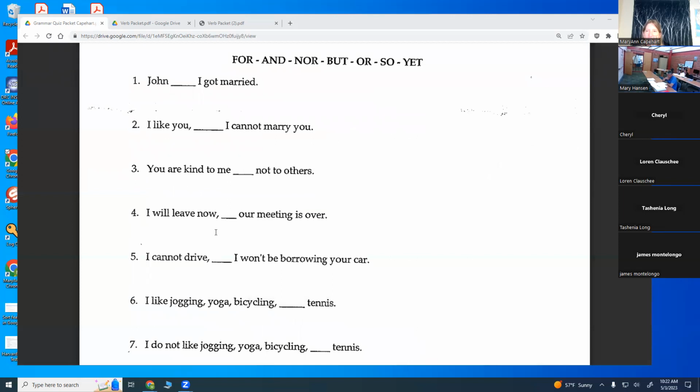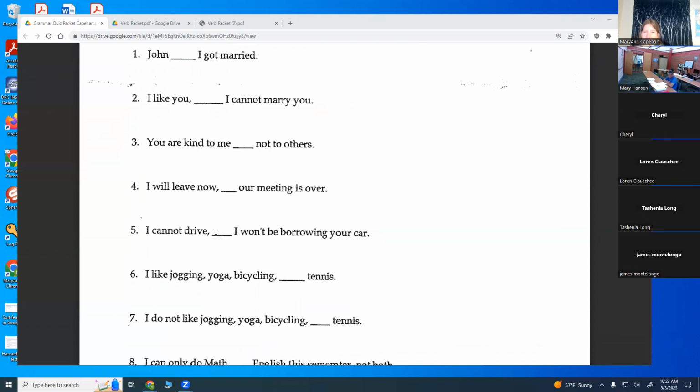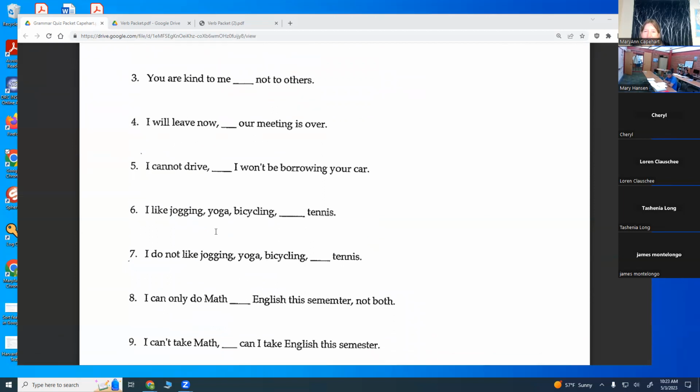I will leave now. So our meeting's over, or it could also be for. I cannot drive, nor I won't be borrowing your car. I guess that works technically. Nor it won't.